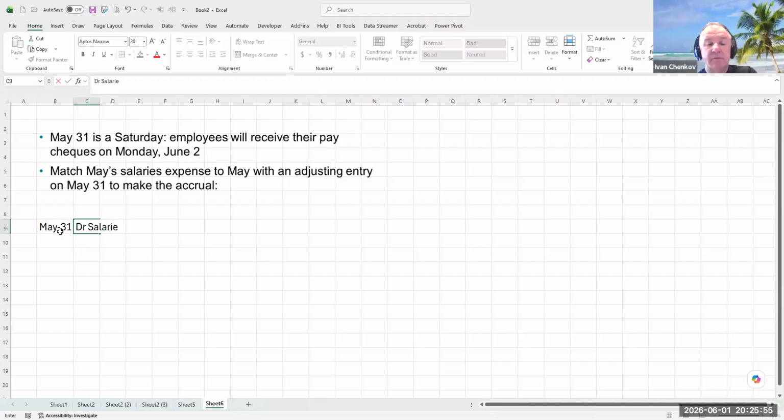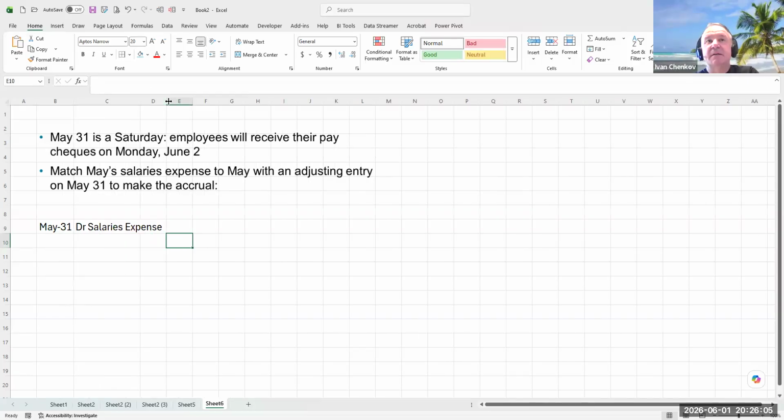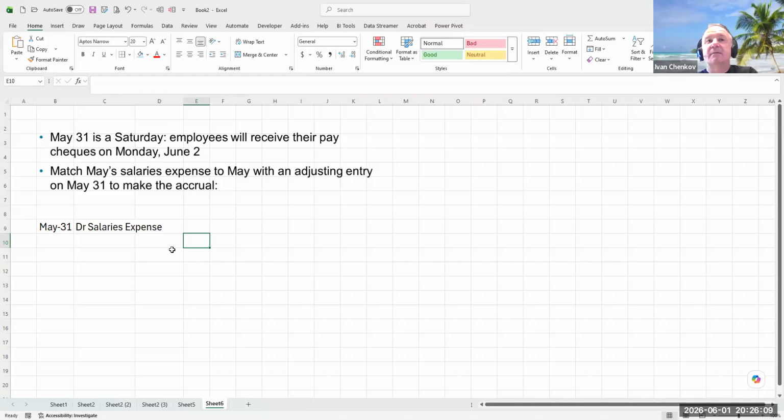Salary is expense. Am I going to pay for that expense? No. Now I have the expense, it's not like before. I have the expense, but am I paying it? No, I don't. So what will that be now for me?